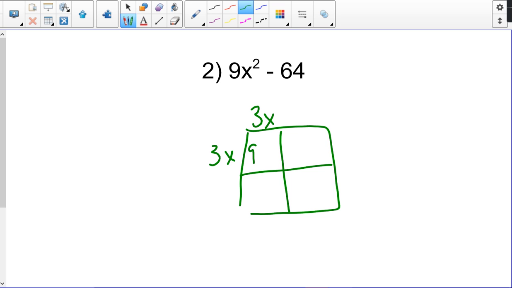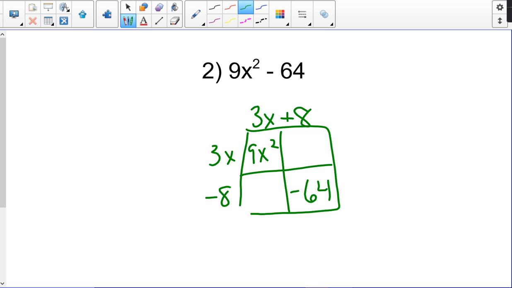We multiply it to get 9x squared, and that's what makes 9x squared a perfect square, because we can take the same thing, multiply by itself to get 9x squared. So 3x times 3x is 9x squared. Then down here we'll put negative 64. 8 times 8 is 64, but if it's negative 64, one of those has to be negative. So we'll make it 3x minus 8 and 3x plus 8.